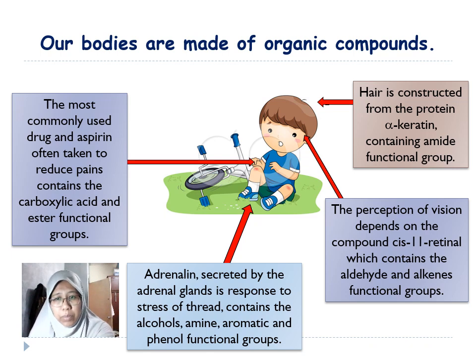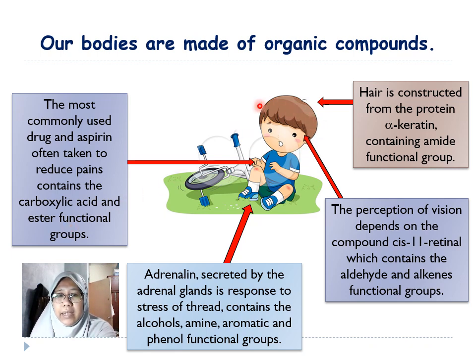Look at this little boy. He fell off his bike while riding and hurt his knee. The drug aspirin that the doctors might give him contains carboxylic acid and ester functional groups. We can look at the structure later.